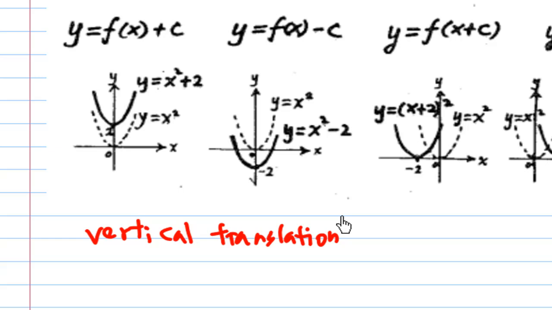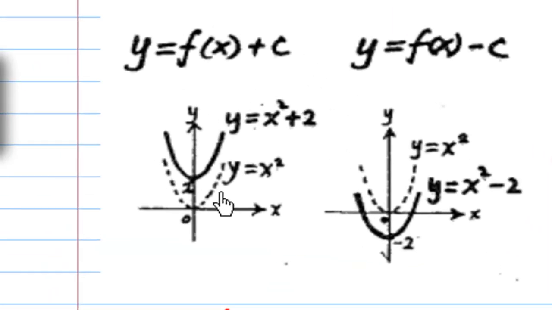For example, if you are given the graph of y equal to x squared, then what is the graph of y equal to x squared plus 2? In this case, you shift the graph vertically up by 2 units. So you get a new graph. This is the graph of y equal to x squared plus 2.